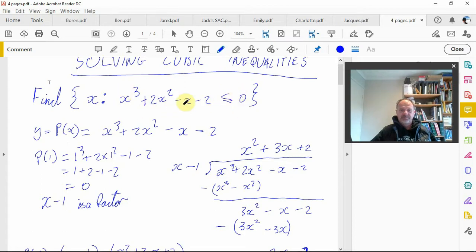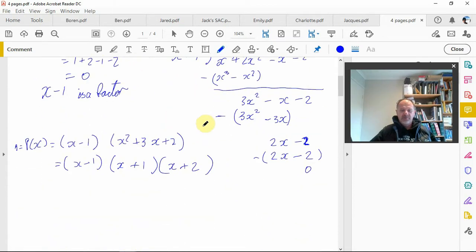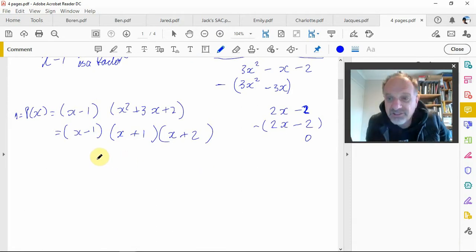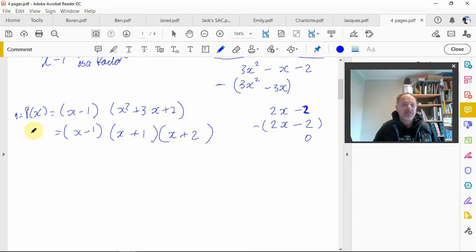Now what I'm going to do is sketch a graph, and I don't need a real fancy one. All I really need is a rough sketch, and then we're going to have a look. If we want our x-intercepts, you know all of this stuff so far. The x-intercept is where y equals 0.